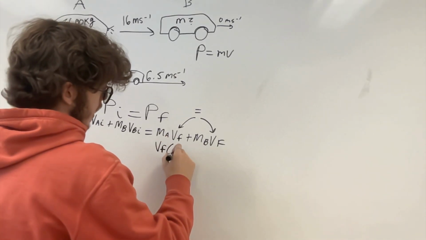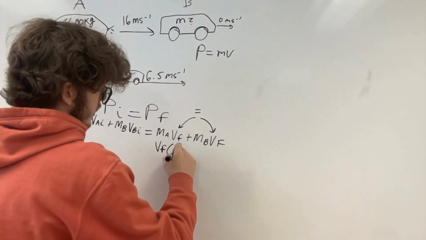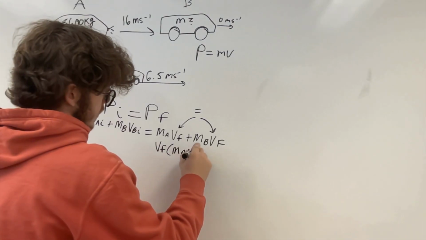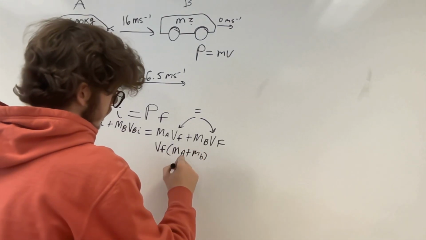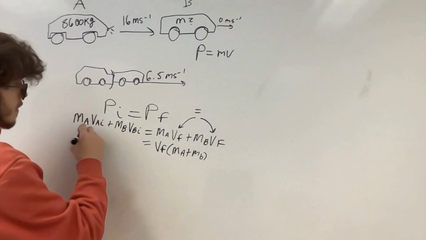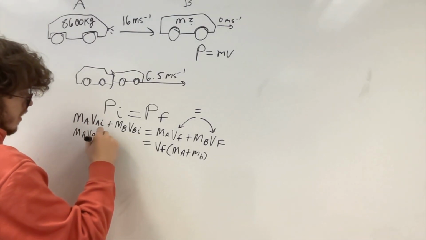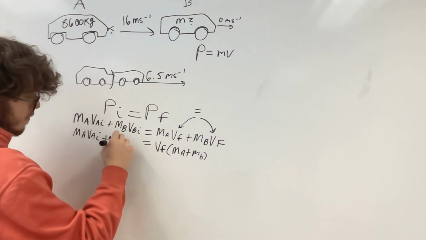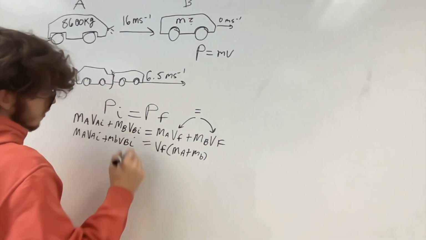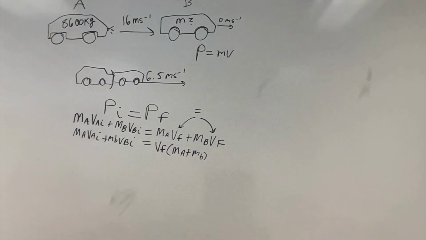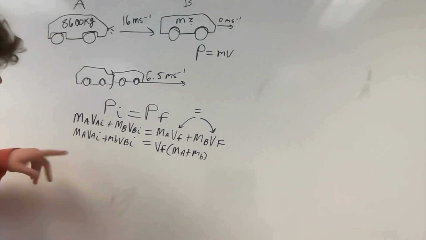So the velocity final times the mass of A plus the mass of B, okay? Hopefully that makes sense there. So the mass of A, velocity of A initial plus mass of B, velocity of B initial is equal to that final velocity times the total mass. So this equation perfectly represents it.